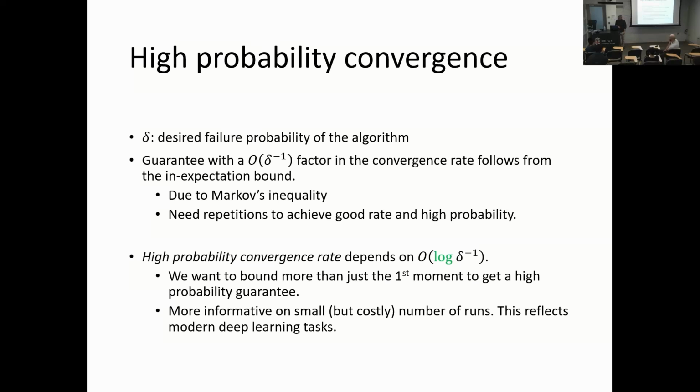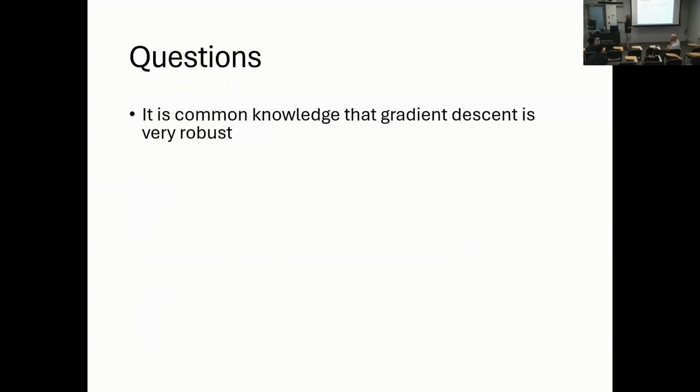This would allow us to say that even if you run the algorithm just one time, you already have a very high chance of success, and this is already empirically observed. If you just run once, maybe your failure probability is already extremely small. It is common knowledge that gradient descent is very robust, and here we wanted to provide some kind of mathematical proof of this known fact.